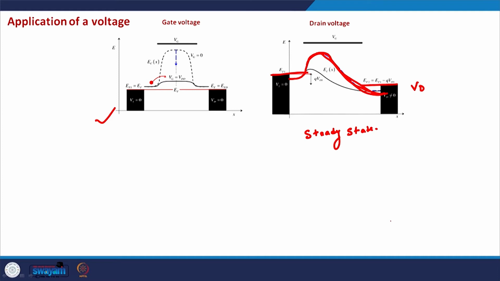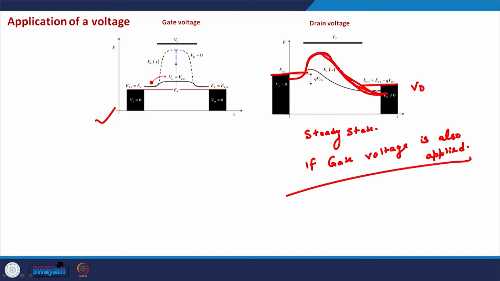This is the case when only the drain voltage is applied, but in addition to the drain voltage, if a gate voltage is also there, in that case this barrier height is reduced, and because of the drain voltage we have more barrier height on the drain side.